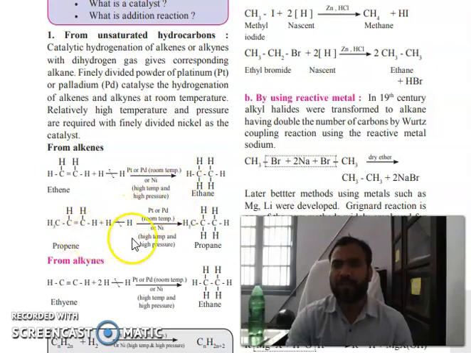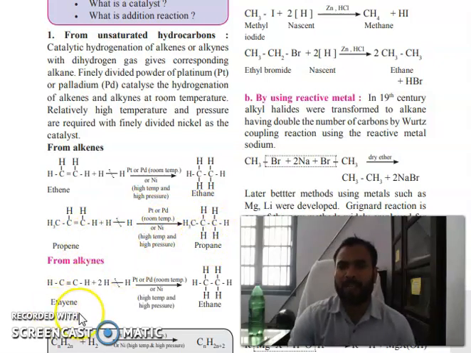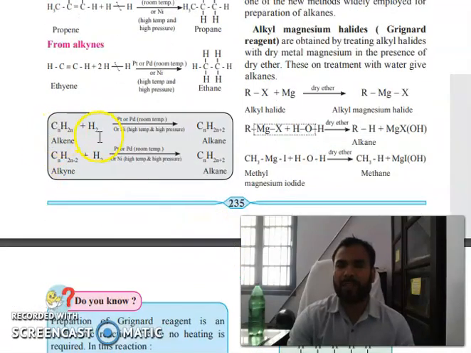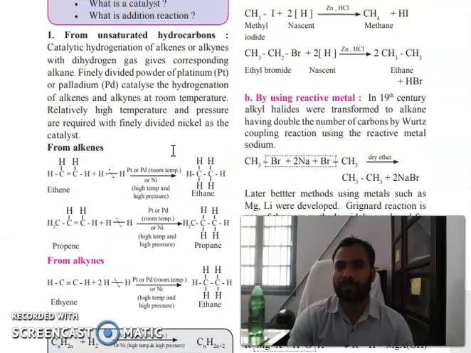From alkyne, with palladium or platinum, you will get ethane. So you are introducing hydrogen in alkene and alkyne, you will get the alkane, general formula CnH2n+2. This is one method of preparation.